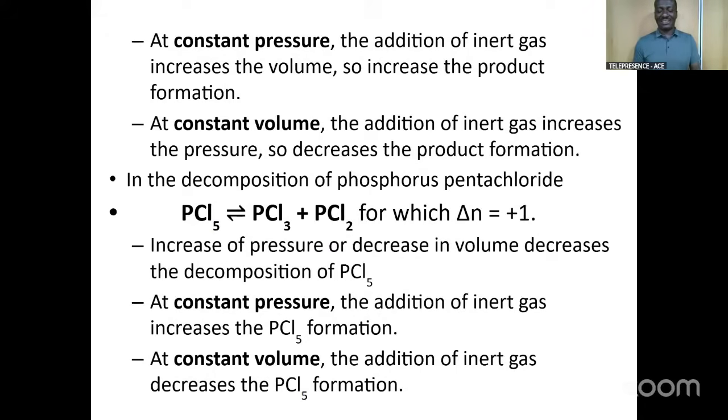And if there's a decrease in pressure, then the direction that has more number of moles will be affected more. And so therefore, equilibrium will shift to the right, favoring the formation of chlorine and PCl3 and decreasing the PCl5 formation. Okay, so that's how the presence of inert gas will affect a system where delta N is positive. Now, what happens when delta N is negative?